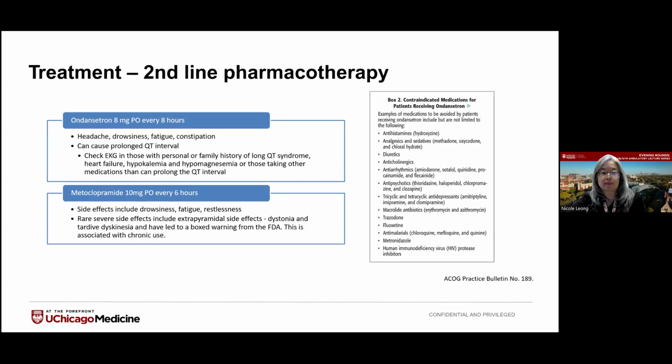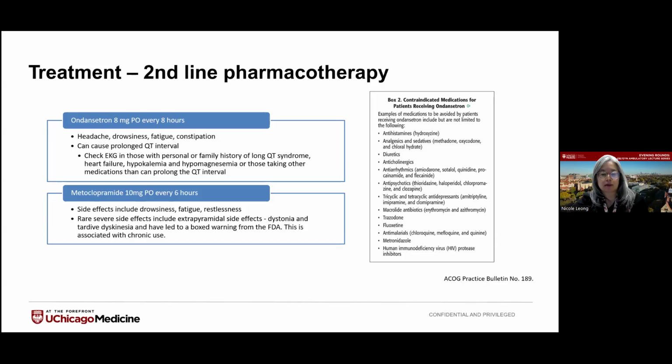Metoclopramide, we give 10 milligrams by mouth every 6 hours. Again, we have similar side effects of drowsiness, fatigue, and restlessness. But we can have some very rare neurologic side effects from this medication, more associated with long-term use. These are extrapyramidal side effects, such as dystonia. Dystonia is a movement disorder with repetitive abnormal movements or postures, and this is not reversible.